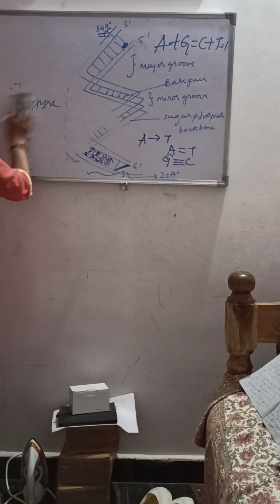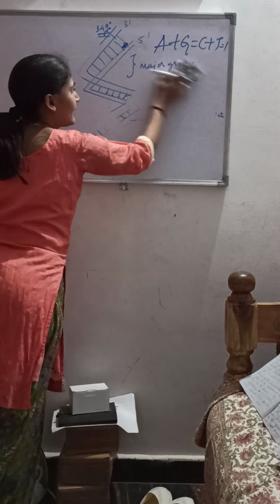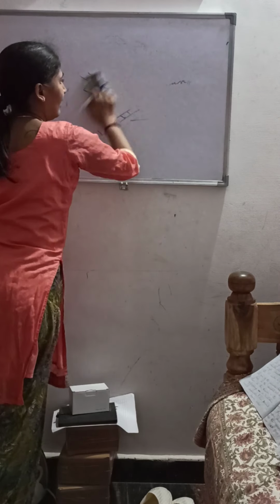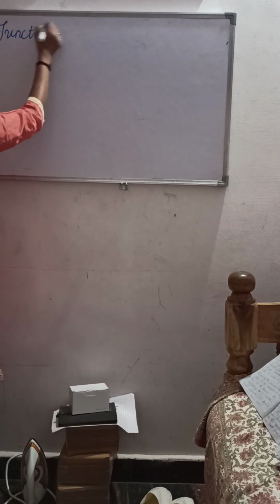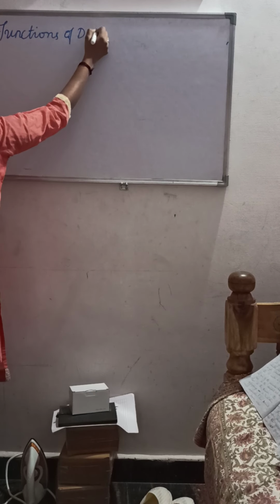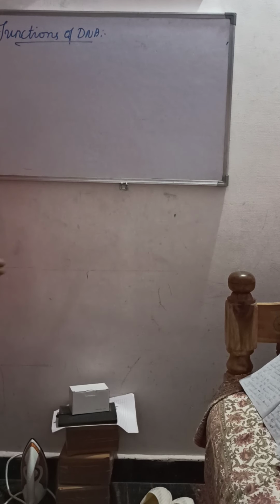Now, what is the function of this DNA? As we know, DNA is a genetic material, right? So what are the functions of the DNA? DNA plays a great role. It is the genetic material of all organisms except the RNA virus.